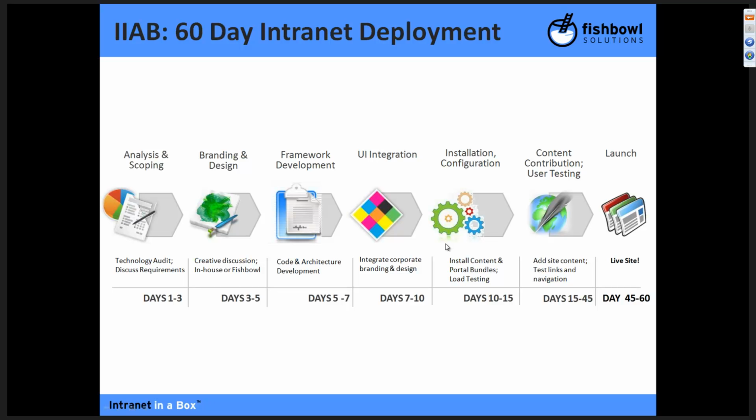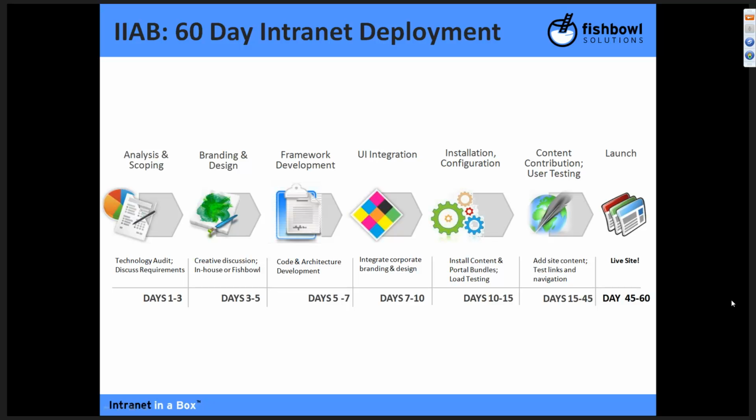From there, we start discussing the look and feel of your next site. What you'll need to determine at this stage is who will be doing the design work for the site. Will it be in-house, through a third-party agency, or even through Fishbowl Solutions? We can cover a little bit later the creative capabilities of Fishbowl Solutions, so you have an understanding of how we could help your organization at this stage.